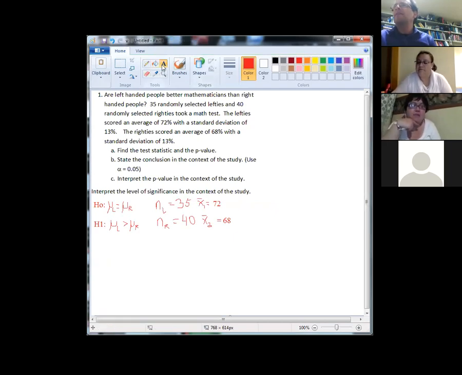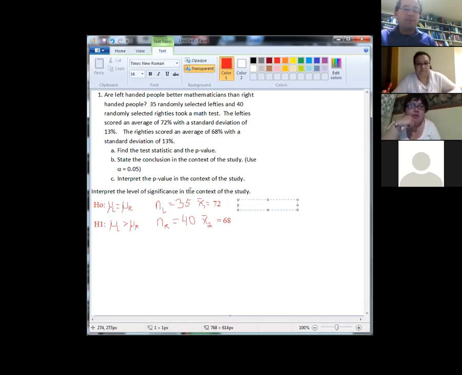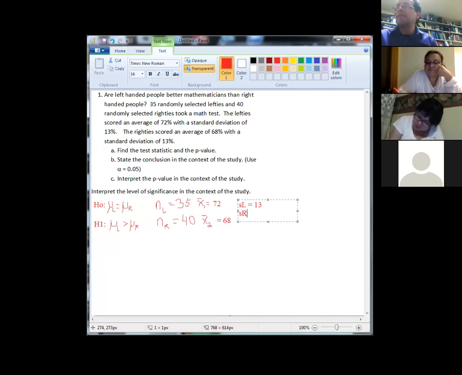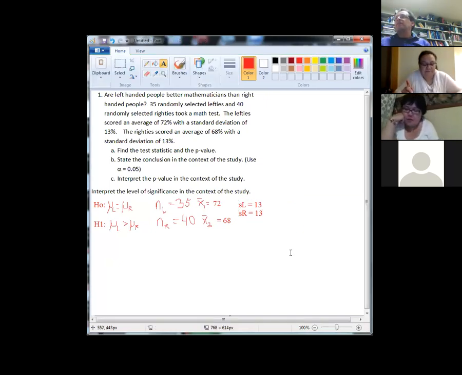And then SL, the standard deviation for the lefties, was equal to 13. And the standard deviation for the righties was equal to 13 also. Any questions so far?